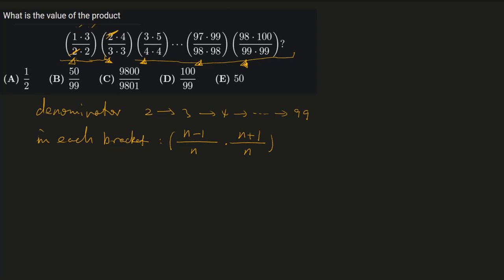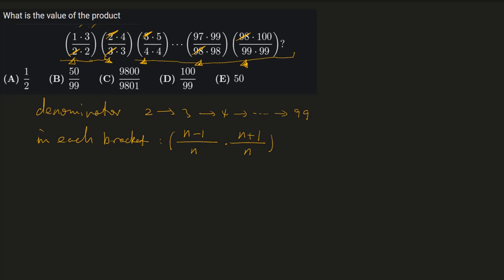And then the denominator in the first fraction in this parenthesis cancels out with the numerator of the first fraction in the next parenthesis, right? And all the way to the last two parentheses. So this denominator cancels out this numerator.